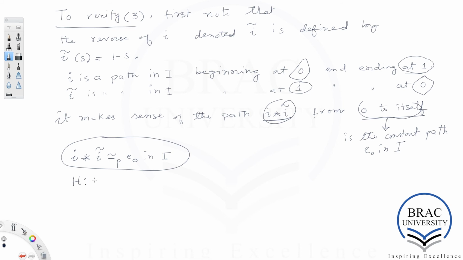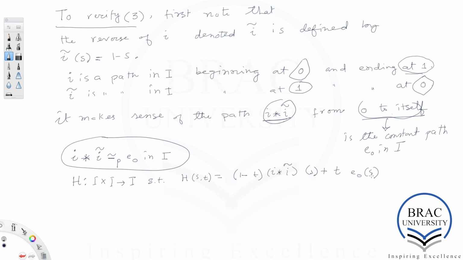And it's easy to check. Just take this function h from I cross I to I such that h of s comma t is equal to 1 minus t times i star i twiddle at s plus t times e0 of s.